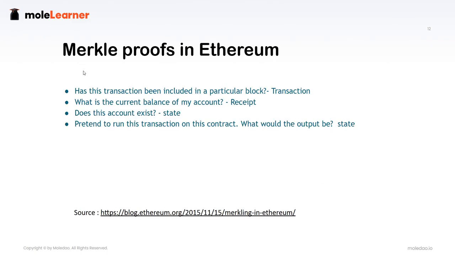Let's see some use cases. First, if we want to know whether this transaction is included in a particular block, we find it in the transaction Merkle root. What is the current balance of my account? We look at the receipt Merkle root. The account state, we look at the state Merkle root. Why didn't we combine them? Because separate roots are more efficient.